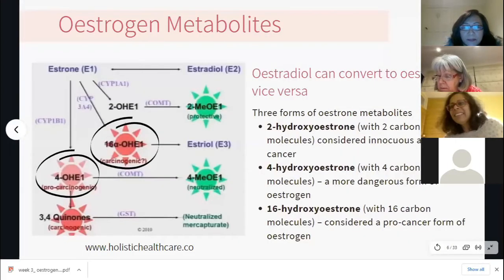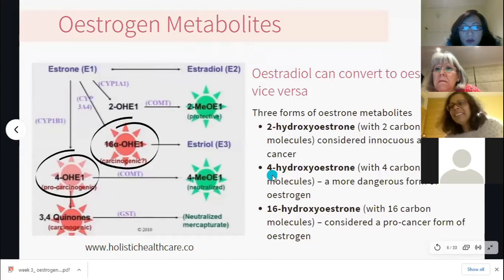So when we look at the conversion of estrogen in the liver, if you look here, we can see that there's 16 alpha hydroxy estrogen and 4 hydroxy estrogen. These are pro-carcinogenic. The 2 hydroxy estrone is that one there, and that is the good estrogen.